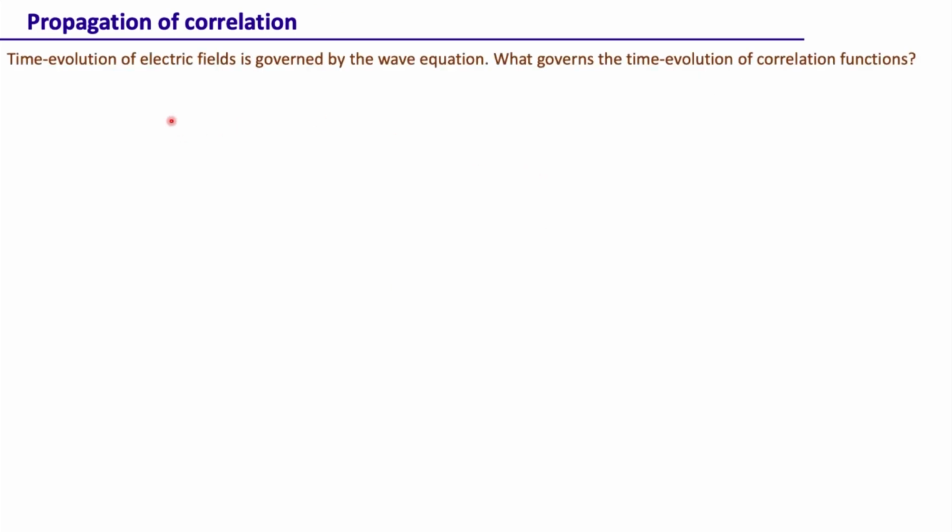So now we know that the time evolution of electric fields is governed by the wave equation. So the question is, what governs the time evolution of the correlation function? For a real field V_R(r,t), since it follows the wave equation, we can write it like this. This is the wave equation that we have written.